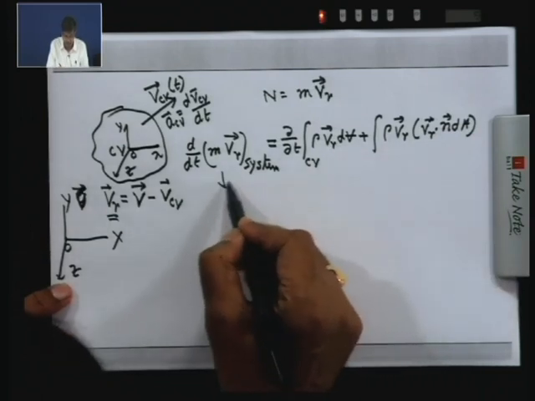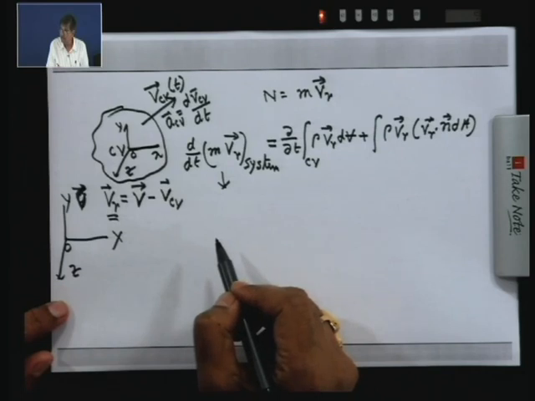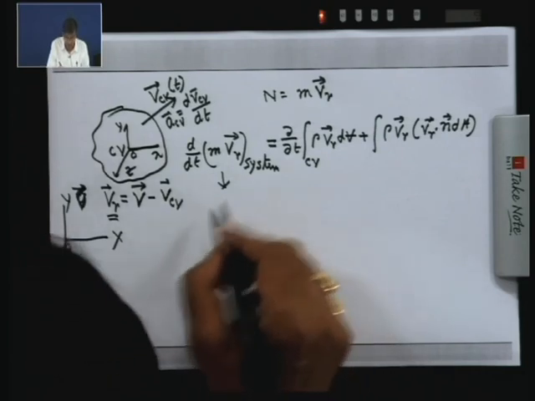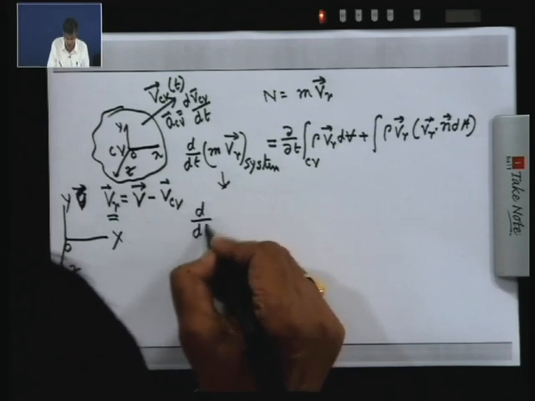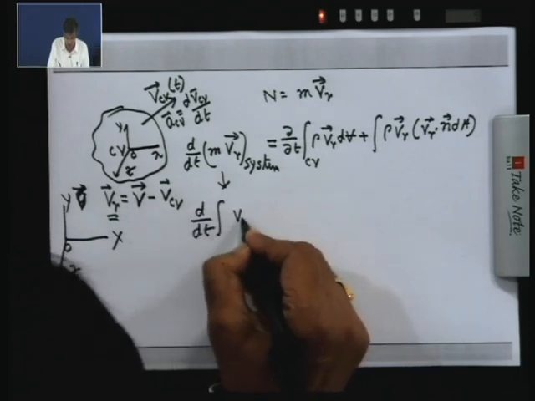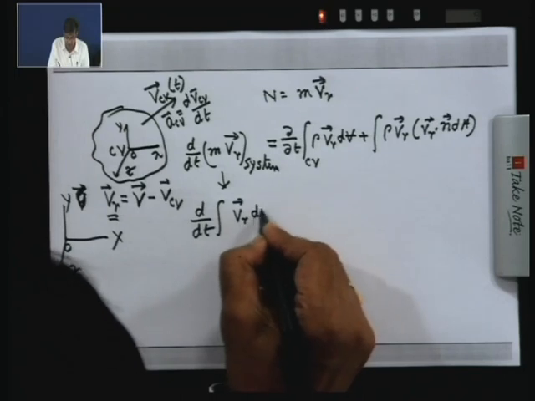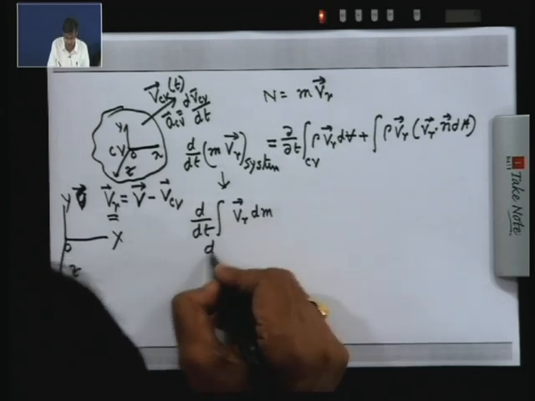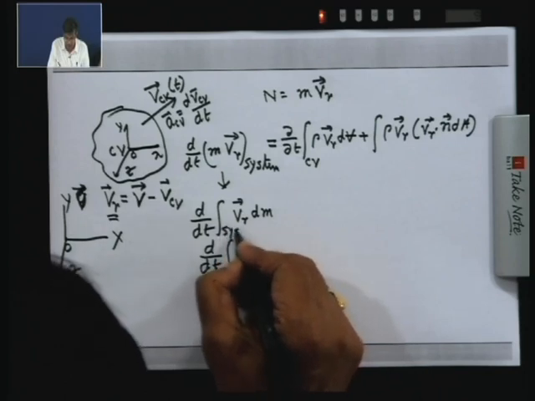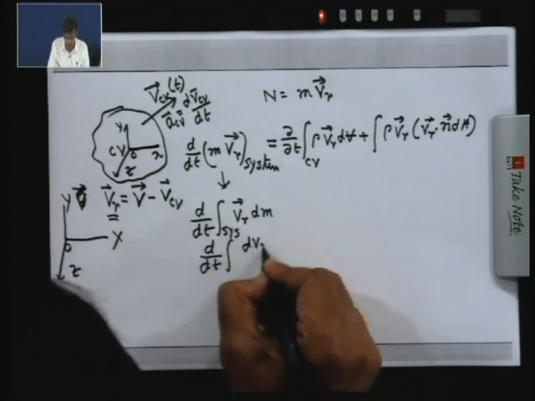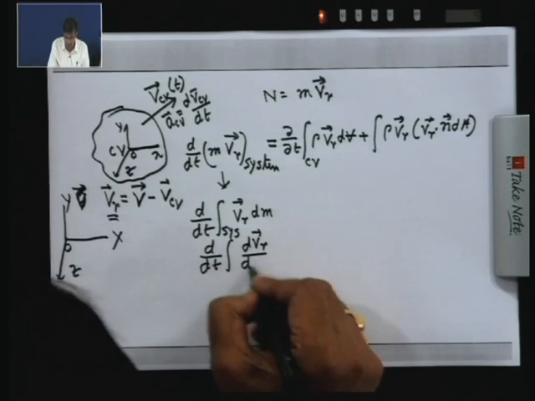But can I write this as the sigma F? No. Let us write in terms of variation of the property, which we wrote earlier also, that means the integral of VR by dm, and in consideration of the fact that dm is invariant with time, in a similar way for the system, we write dVR/dt.